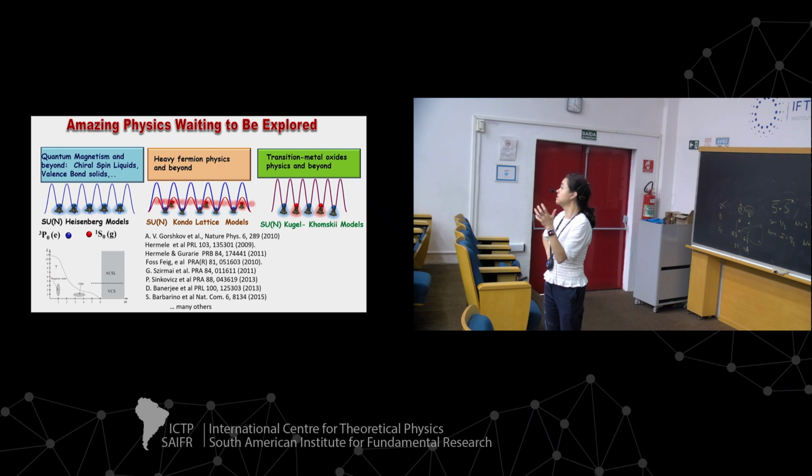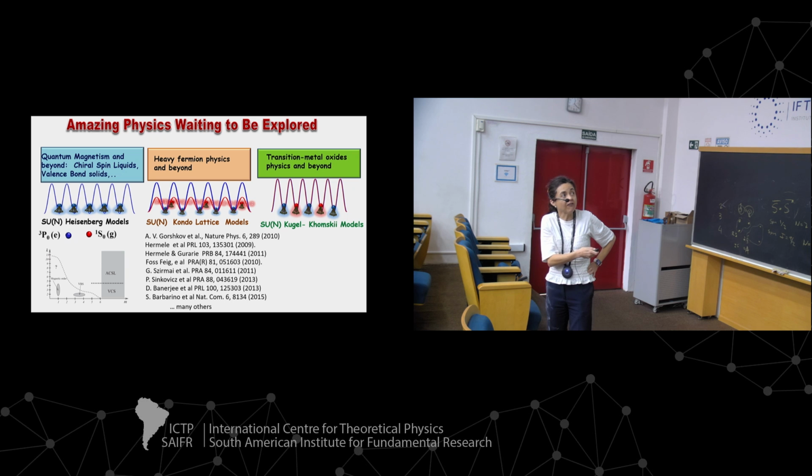Kondo lattice models are models in condensed matter with coexistence of localized magnetic moments with mobile particles. The mobility of the particles makes them heavier and generates what are called heavy fermion materials. So there were some predictions that we can do this type of heavy fermion Kondo physics in the system.